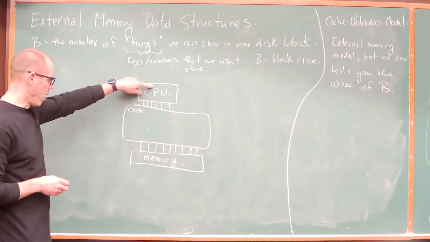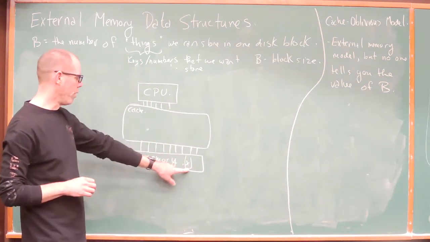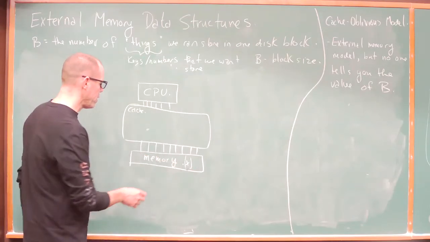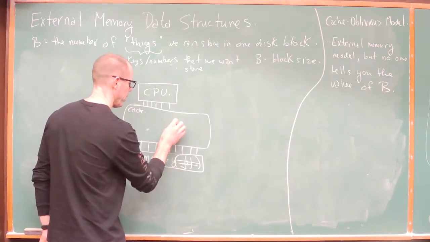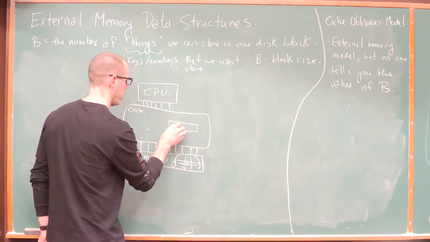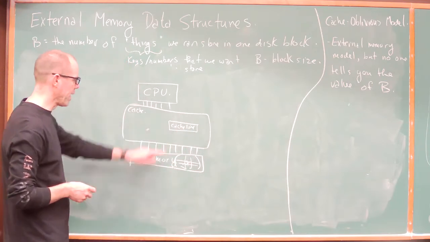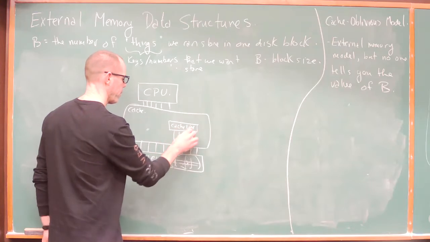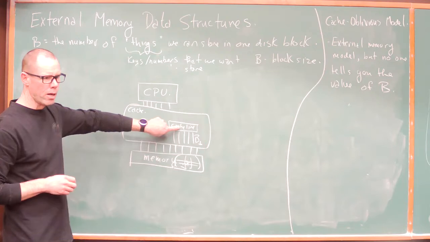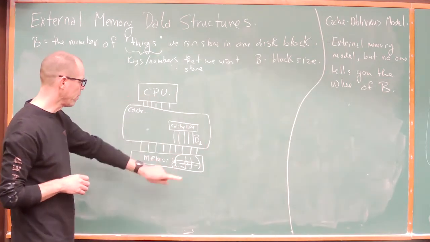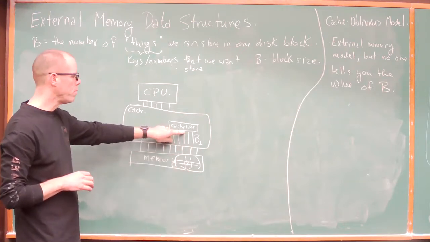So when the CPU says, I want some memory location, some word of memory X, what happens is a whole block of memory gets read into something in the cache called a cache line. And the size of that thing is called the cache line size. So there's a value b, let's say b1, which is the cache line size. If the CPU asks for something from memory, one byte of data, what happens is the whole cache line of size b gets read.